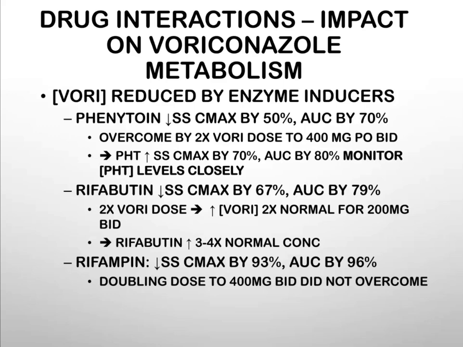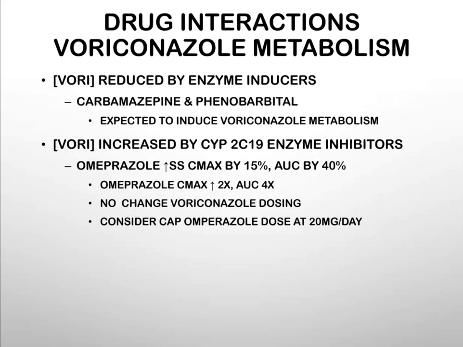Phenytoin and rifabutin are theoretically possible, but really complicated because Voriconazole inhibits phenytoin and rifabutin metabolism, meaning you need to lower the dose of those drugs, and they induce metabolism of Voriconazole, meaning you have to increase the dose of your Voriconazole, and lots of therapeutic drug monitoring. Other enzyme inducers, such as carbamazepine and phenobarbital, probably have a similar effect on Voriconazole metabolism. We have less data on that.